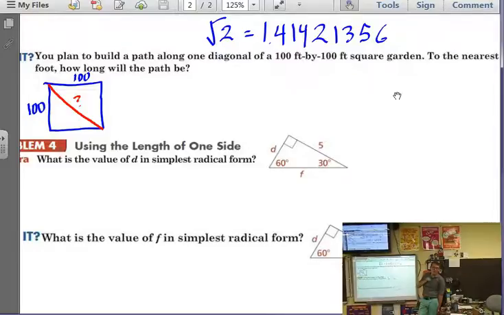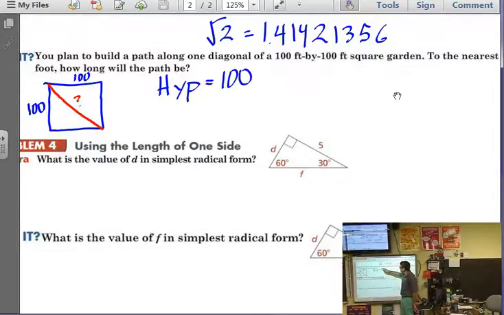So, Brian, if I try to reason through this without using a calculator, can we do it? Yes, because we're going to get the hypotenuse first in radical form as 100 radical 2.